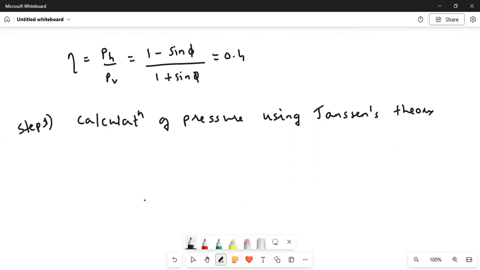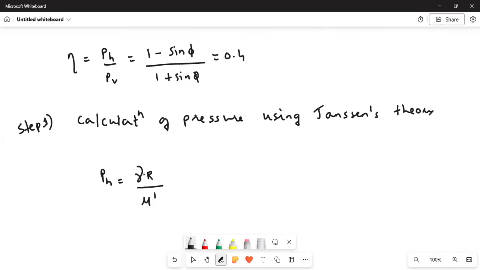So here we have horizontal pressure Ph equal to gamma into R divided by mu dash. What is mu dash? Coefficient of friction.